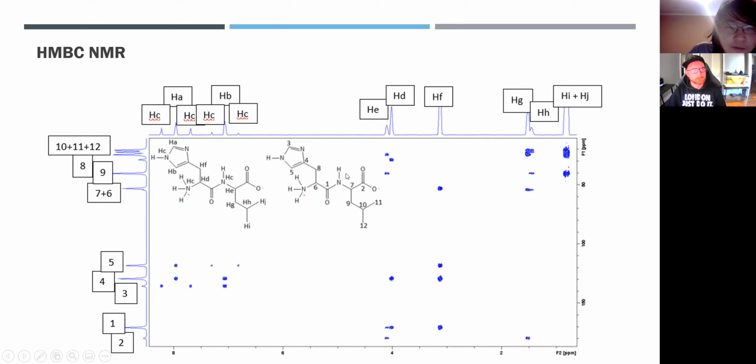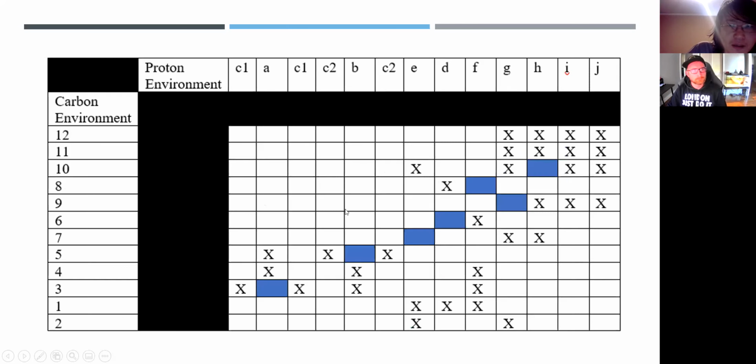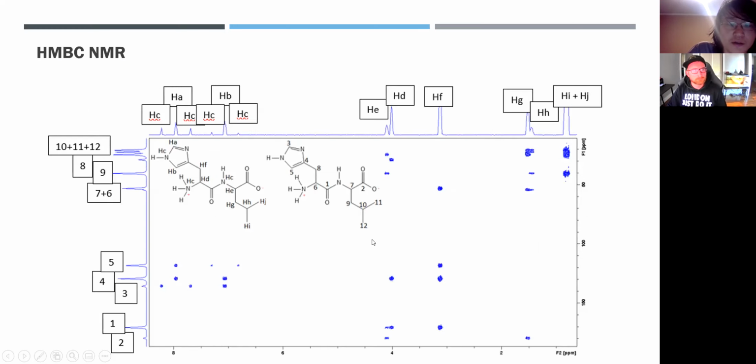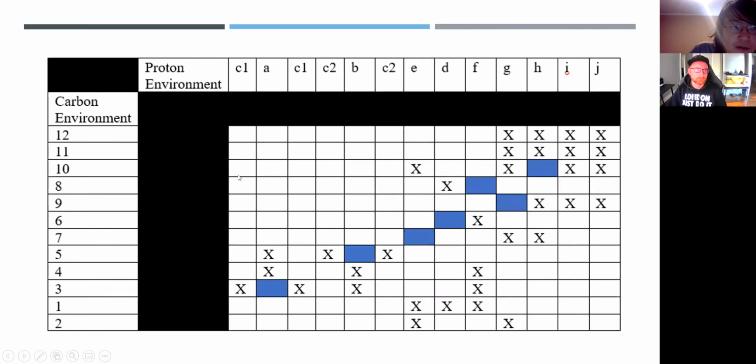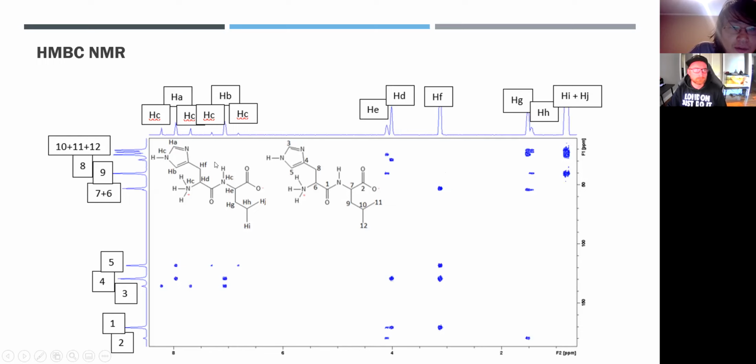We were able to figure out that carbon 9 interacts with protons H, I, and J, which are part of the isopropyl group on the leucine side chain, while carbon 8 interacts with D, which is the methine proton on the histidine side chain.